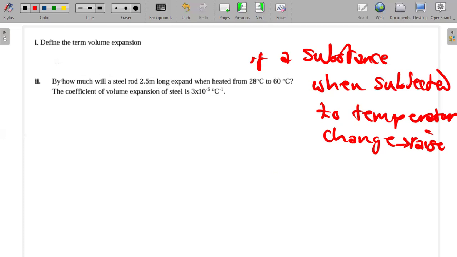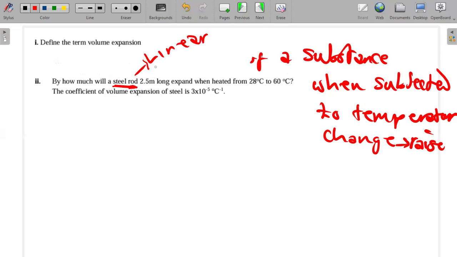The coefficient of volume expansion of steel is 3 times 10 to the power minus 5. So what have they given us? They've given us a steel rod. And as I mentioned, a rod can only expand in one dimension, which means we're talking about linear expansion here.